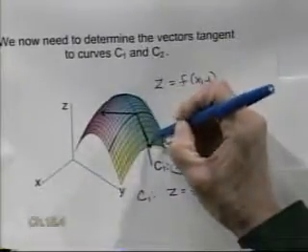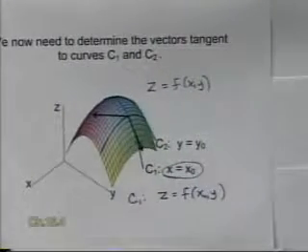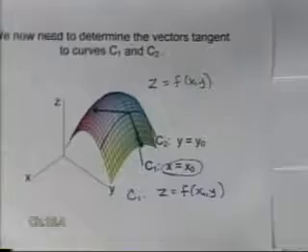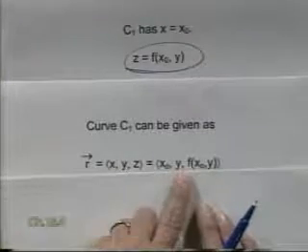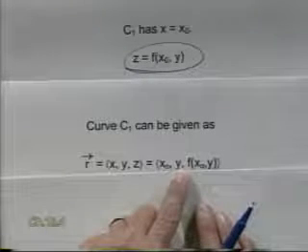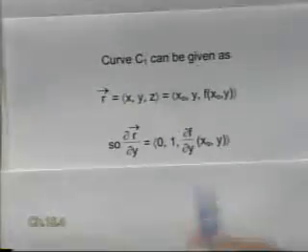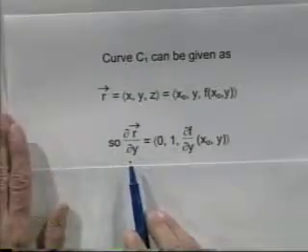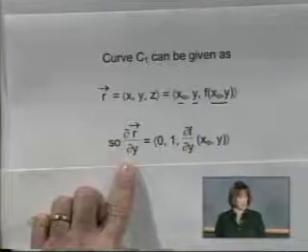And we want to get an equation for the tangent vector. Well, how did we do that back in chapter 14? We took the derivative. And if you notice, this curve is really just a function of y. My parameter is y. I'm going to differentiate with respect to y. So I'm going to write this as the partial of r with respect to y is, now I'm going to differentiate each of these components with respect to y.